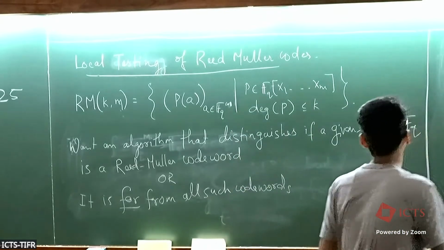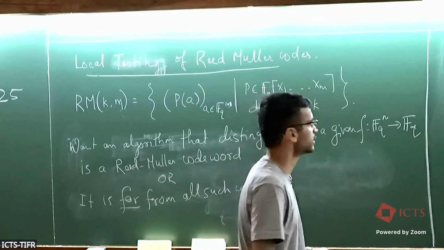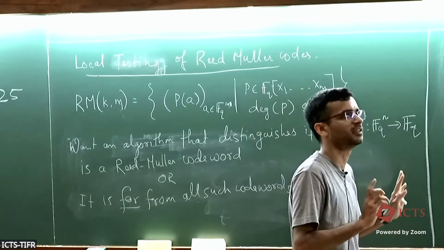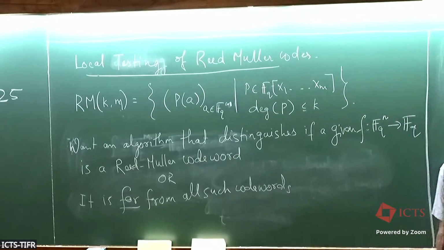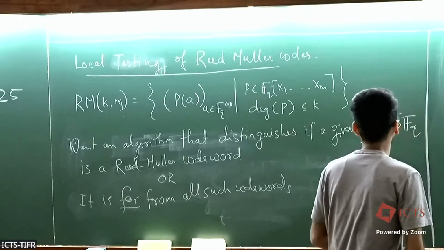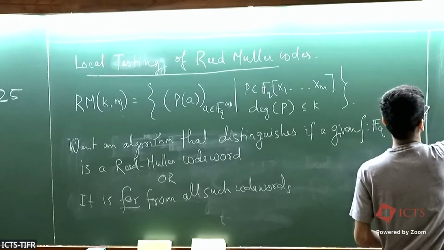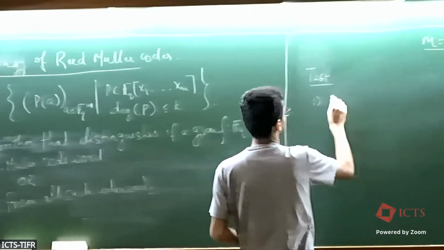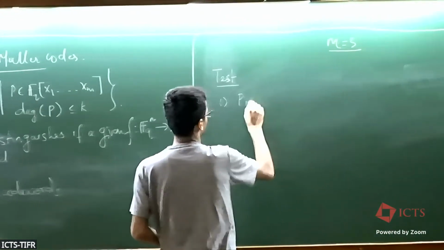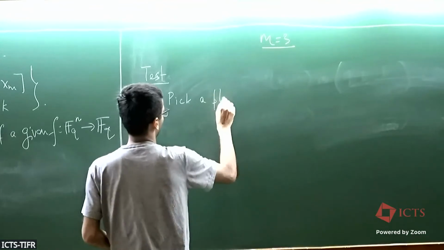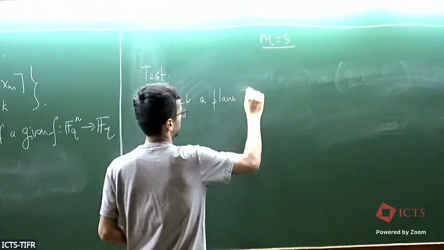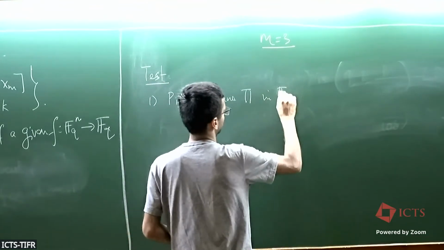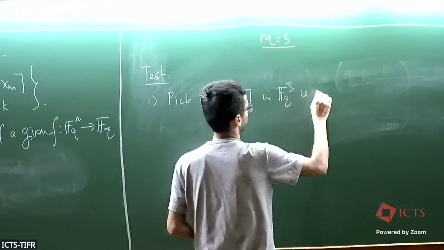By the way, for the rest of this discussion, I'm going to focus on m equals 3. So for the rest of the discussion, m is equal to 3. And the test is: pick a plane pi in F_q cube uniformly at random.